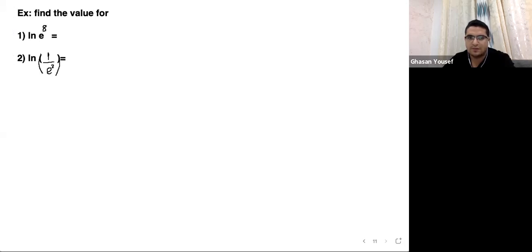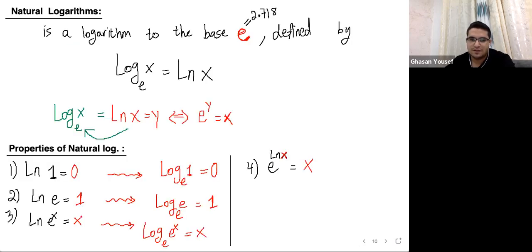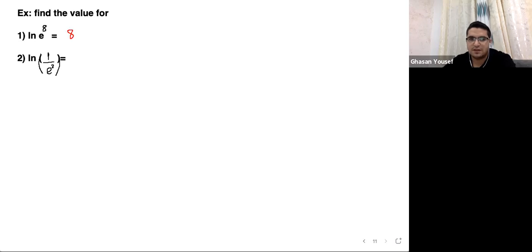What is the value for the first one? By using property number 3, ln e to the power x is always x. Here my x is 8, so ln e to the power 8 is 8.